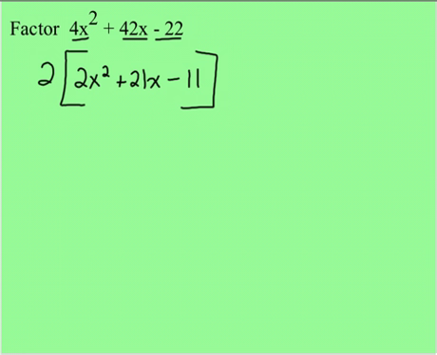Now step 2, find 2 numbers whose product is a times c. Well, a times c, 2 times negative 11, is negative 22. The middle term is b, it's 21. So I need 2 numbers that multiply together to be negative 22, but add up to 21.